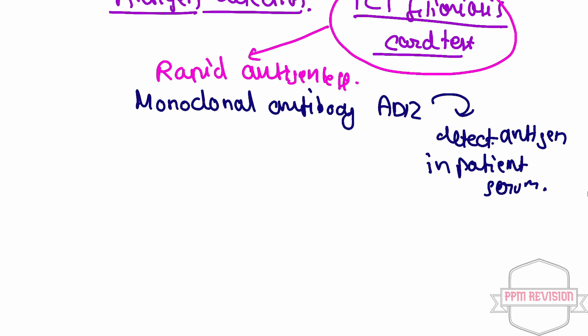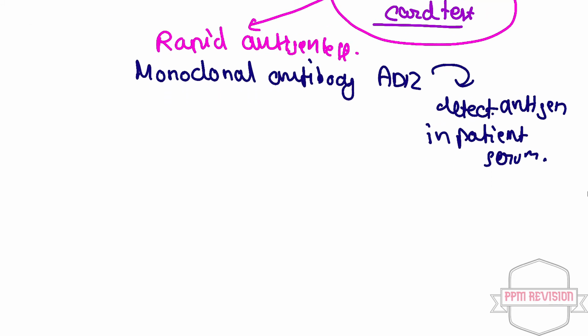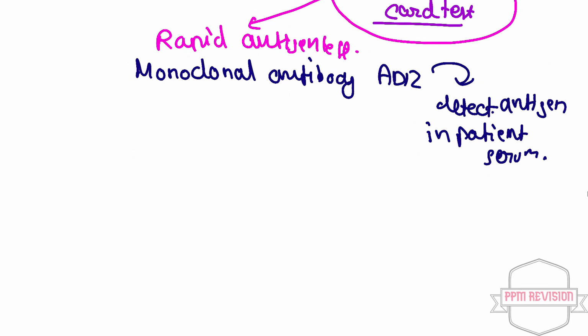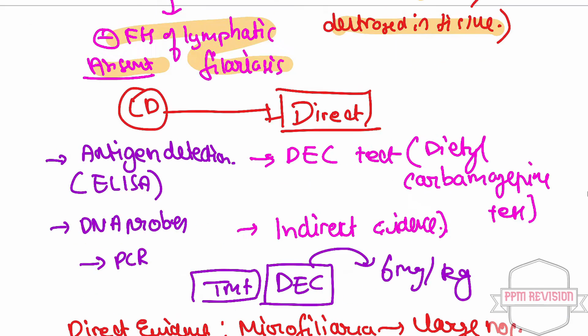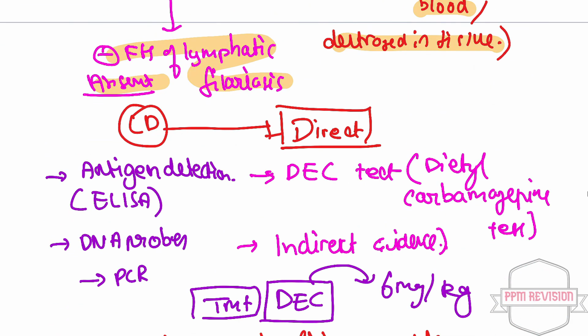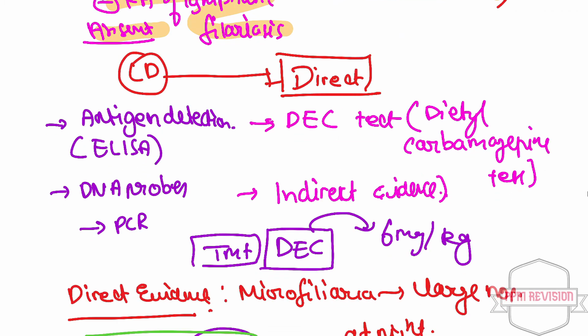The test is used in field conditions and can be read by naked eye, without any instrument. It is also a rapid test, and the blood can be collected during the day. That is an advantage.